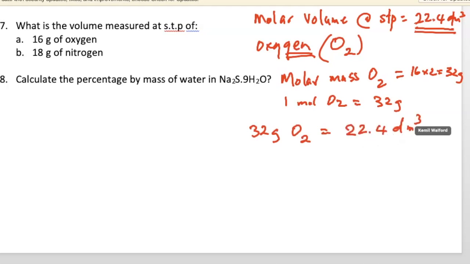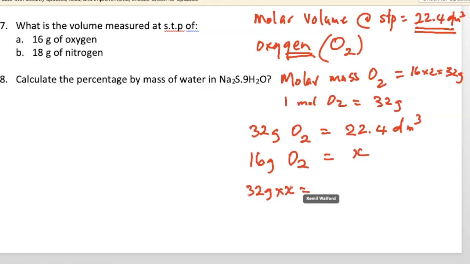And if you look at this, then intuitively you should be seeing that 16 grams of O2 is really half of a mole. So it should occupy half the volume. So intuitively, you'll see that this will work out to 11.2, but we'll put the x and cross multiply just the same. 32 grams times x is equal to 16 grams times 22.4 dm cube.